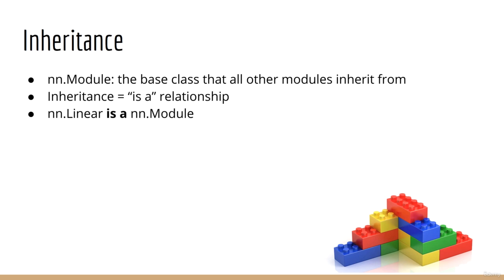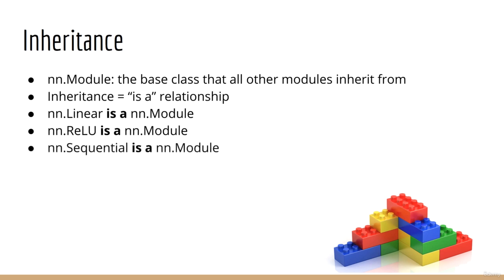That means it is a module. Similarly, the ReLU module is also a module. Similarly, the sequential module is also a module. This might strike you as surprising because these three things are kind of very different from each other. So even though sequential looks like a wrapper around a list of modules, it was also itself a module. So when you combine a bunch of modules to build a model, that model is itself a module.